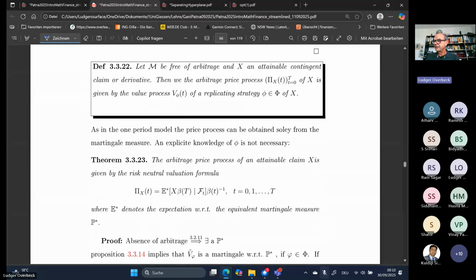So here we see already, if M is free of arbitrage and X an attainable contingent claim, this means it can be written as a stochastic integral, then the arbitrage price process is given by the value process V phi t of a replicating strategy phi. Even if the strategy might be different, the value of the strategy is the same.